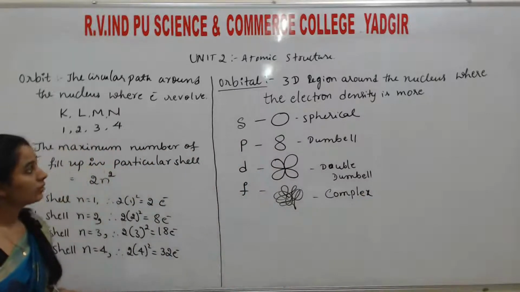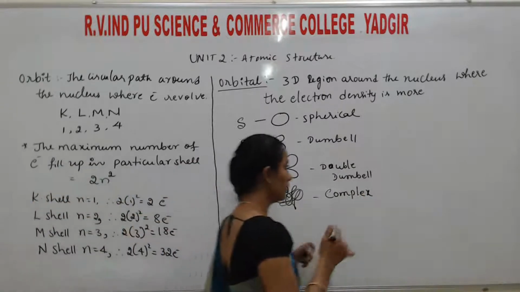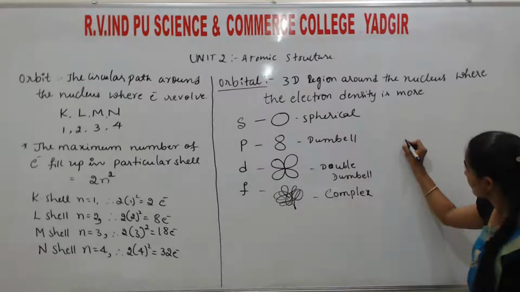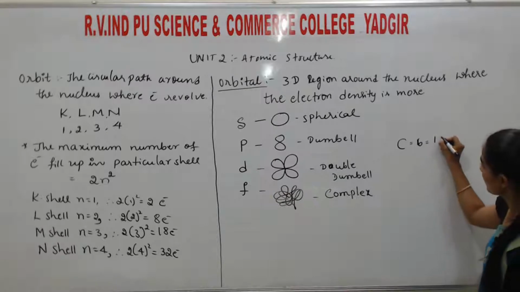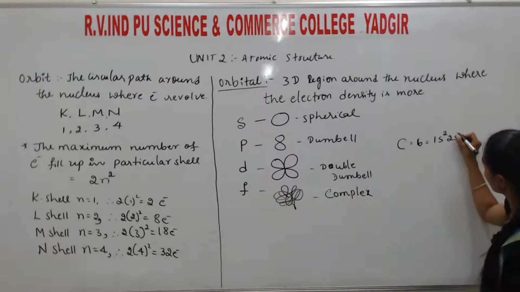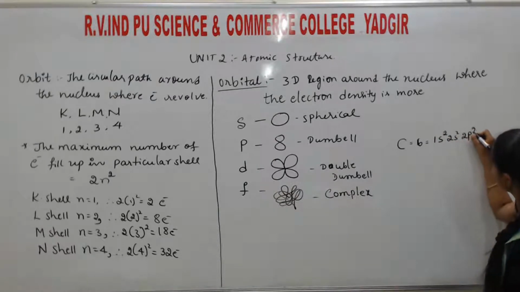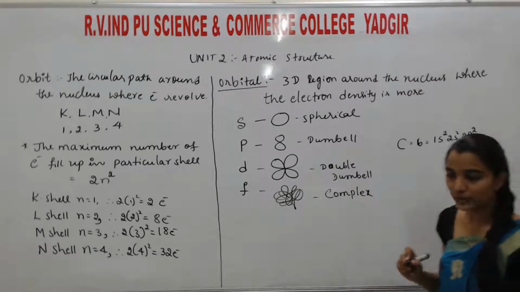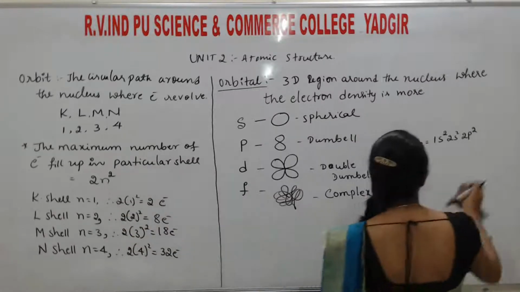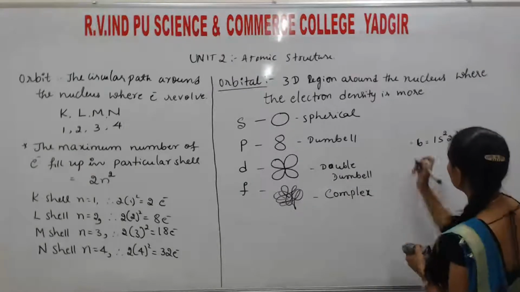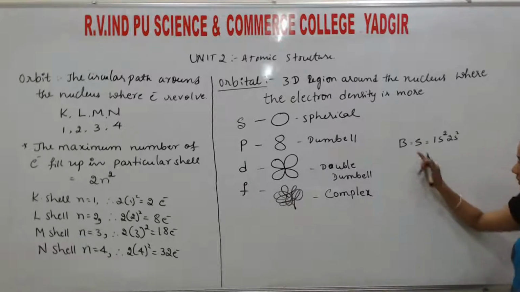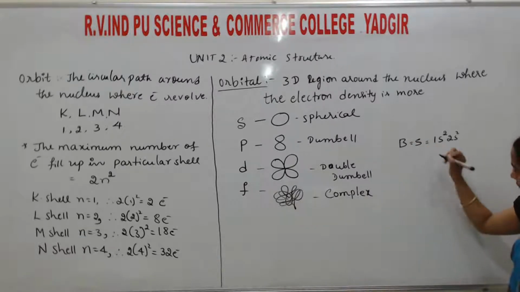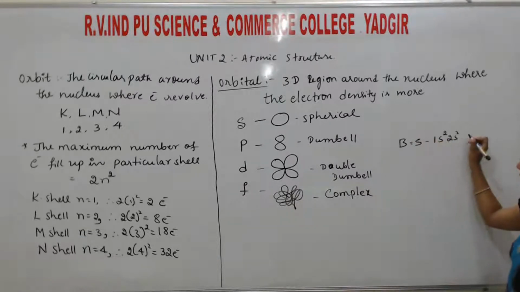Okay, students. For example, carbon is an atom with atomic number 6, that is 1s2, 2s2, 2p2. Instead of carbon, I will take boron with atomic number 5. Electronic configuration is 1s2, 2s2, 2p1.